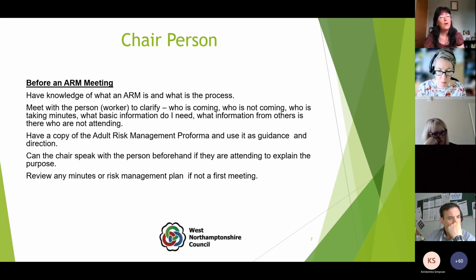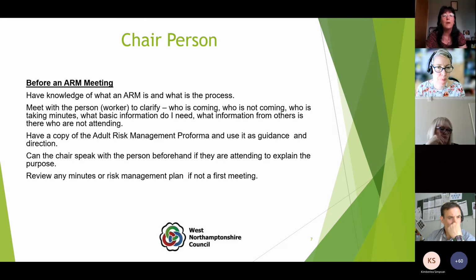You might not be able to hold everything, but it's good to have. And with an ARM, if it's not the first meeting, it's good for a chairperson to put eyes on any previous action plan or minutes and have some knowledge, because you will be reviewing that action plan.